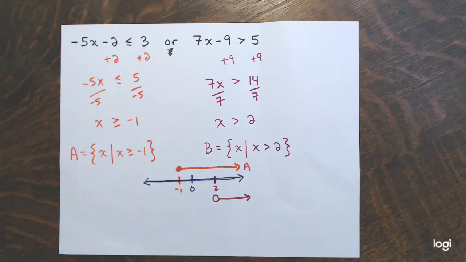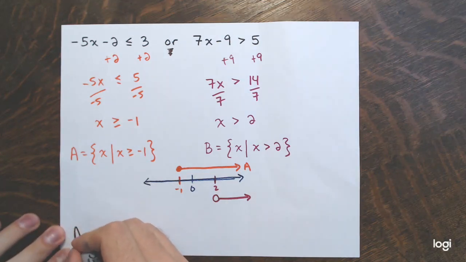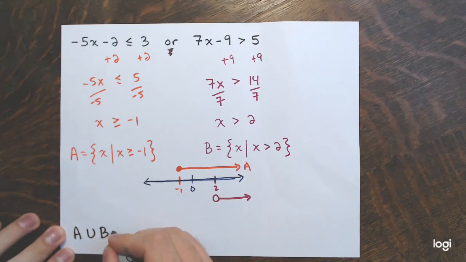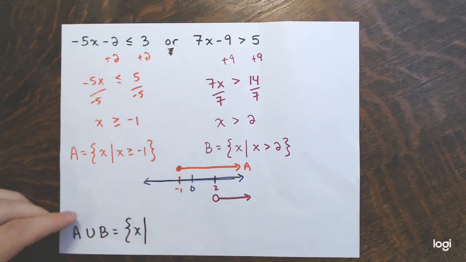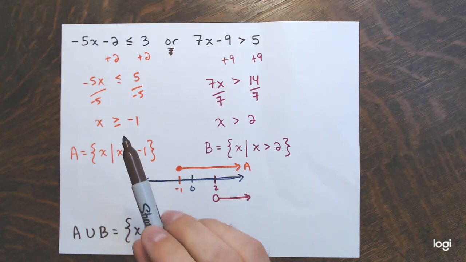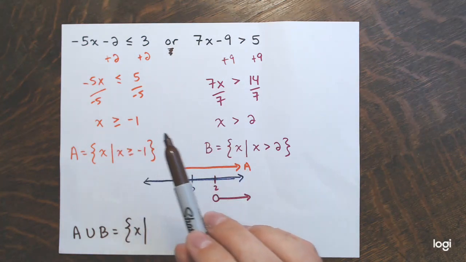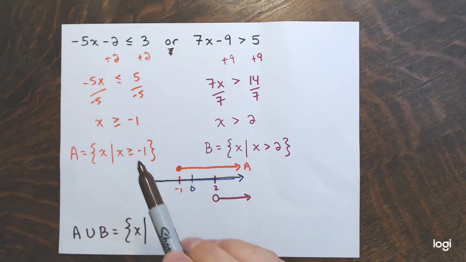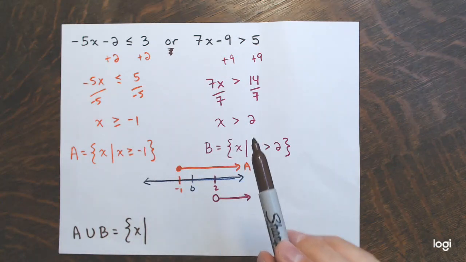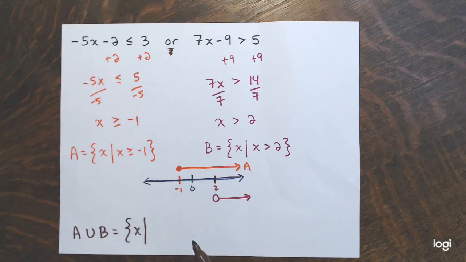Okay, so now what's in the union of these two sets? It's going to be all values of x such that, now you could write x is greater than or equal to negative 1, or, right, where the word or is here, x is greater than 2. That wouldn't be wrong to write.